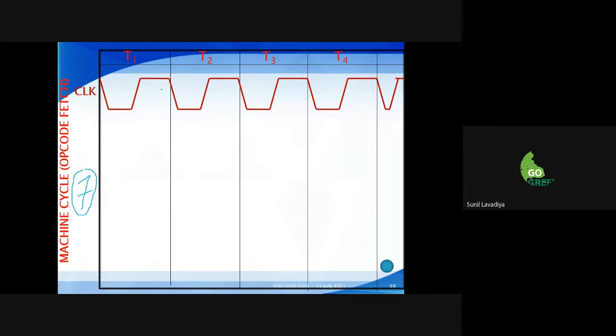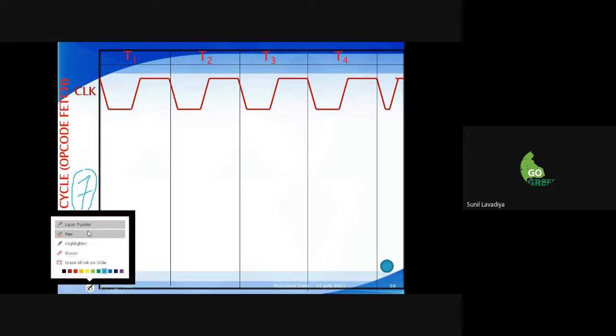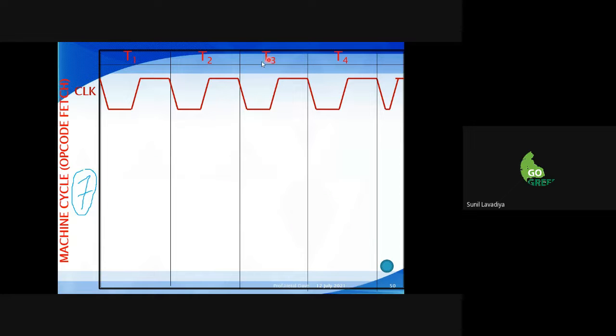Whatever I say, just remember it. T-states are always drawn like this: low, then high for the first, then the second starts, low then high, third, low then high, fourth. I am telling you the steps that you need to remember.